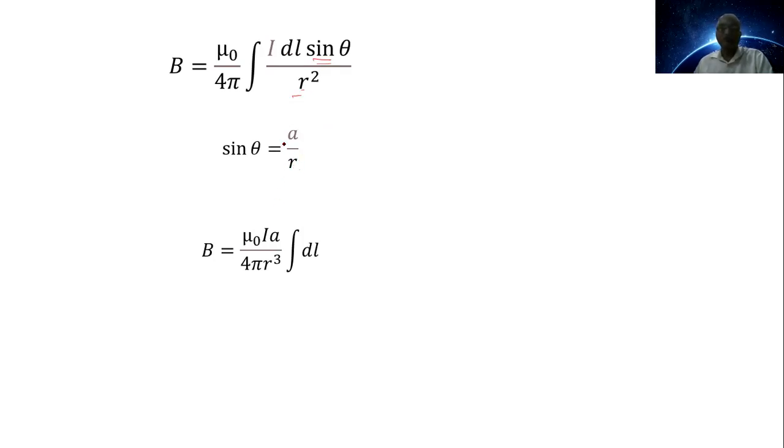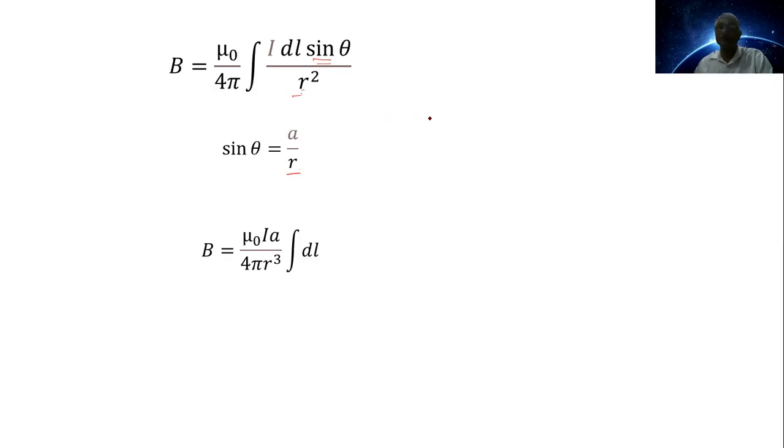And therefore, we get B equal to mu 0 I, with sine theta as A upon r. And therefore A is also taken out of the integration, giving mu 0 I A upon 4 pi r cube. Do you understand the term?